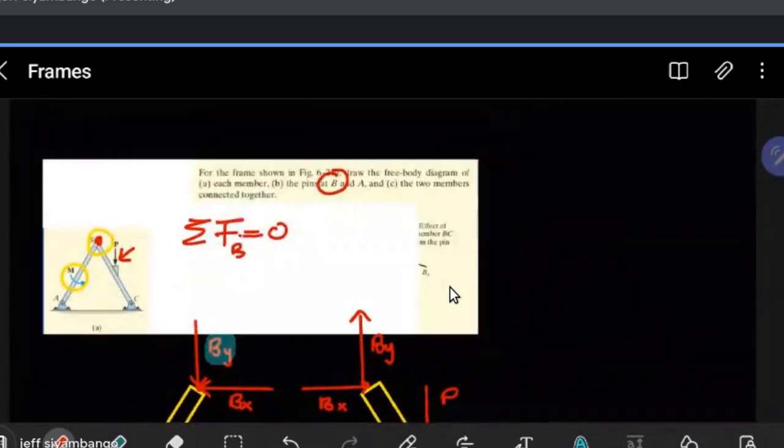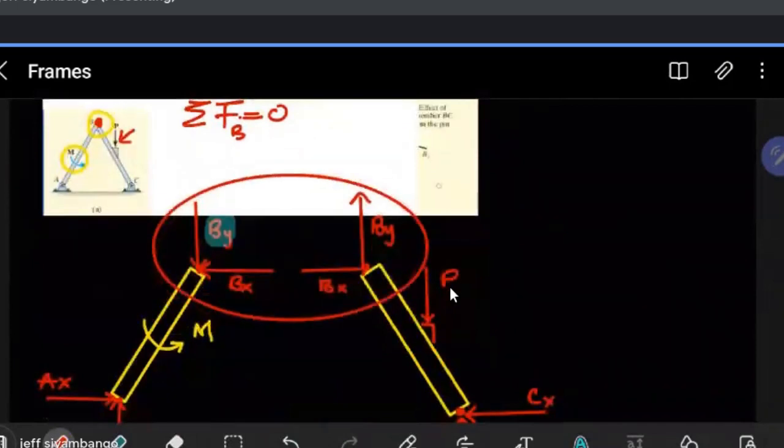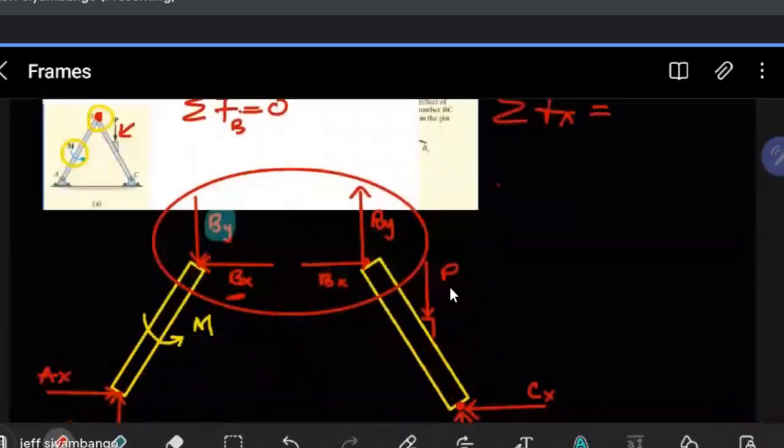If you sum forces in the x-axis, from here you get BX going to the left, and from here you get BX going to the right, which gives us 0. And how about in the y-axis?